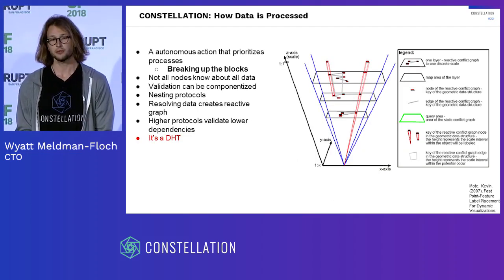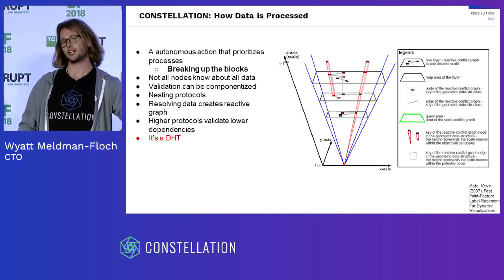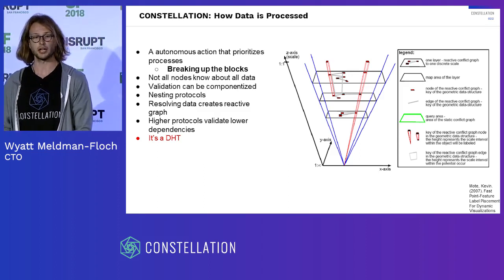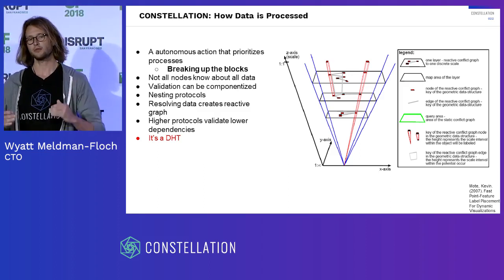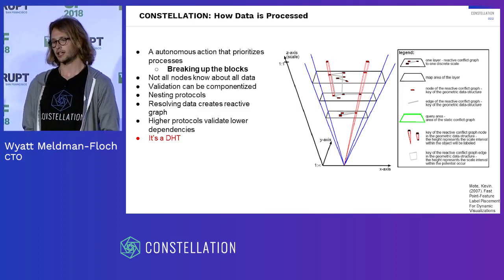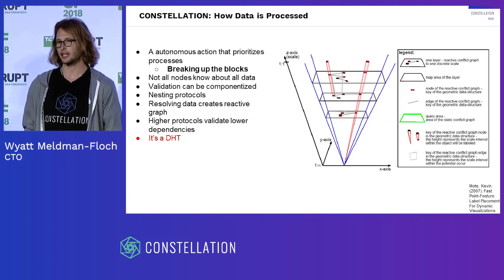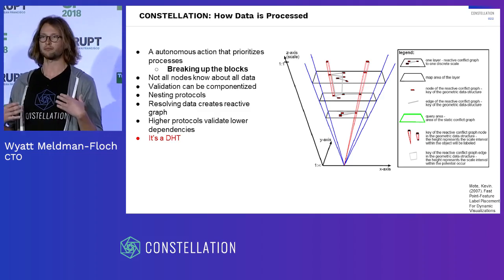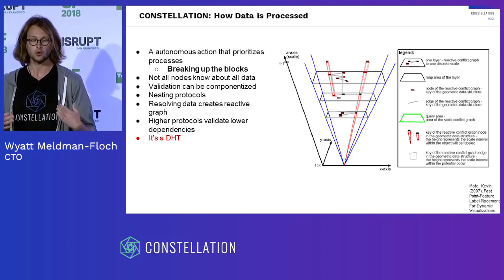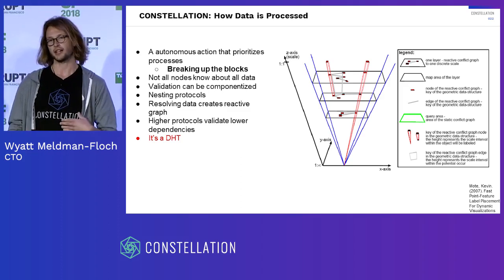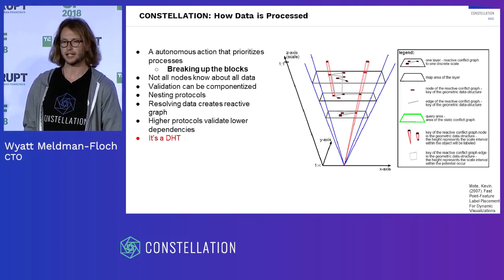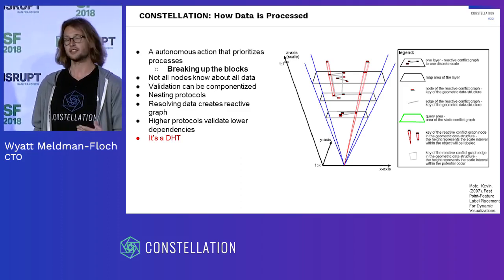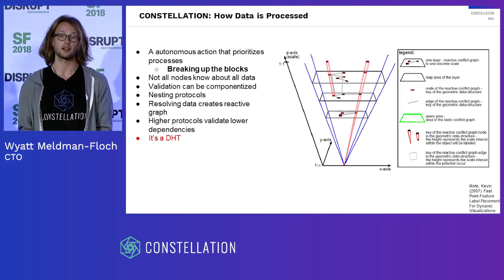Cool. I have a little bit of a breakdown. This is something I'm going to talk about in my demo, but the way our data is processed could be characterized as asynchronous. We have a validation pipeline where data goes through and is handled by an asynchronous process that doesn't necessarily rely on somebody else.